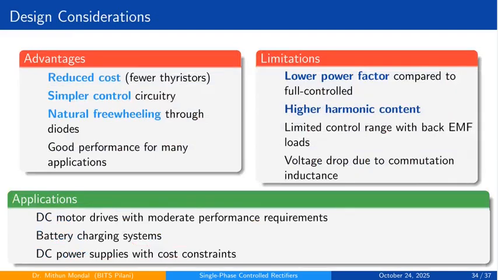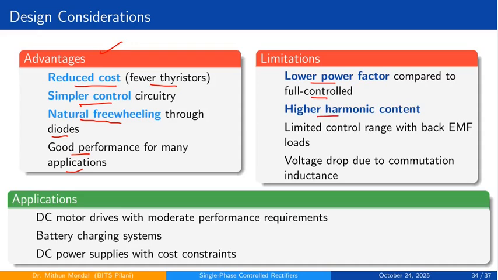So if you talk about design considerations, the advantage is that it has reduced cost because you have fewer thyristors. So 2 thyristors are already replaced. The control circuitry is also simple, and there is natural freewheeling through the diode and good performance for many applications. The disadvantages: the power factor is lower as compared to fully controlled rectifiers.